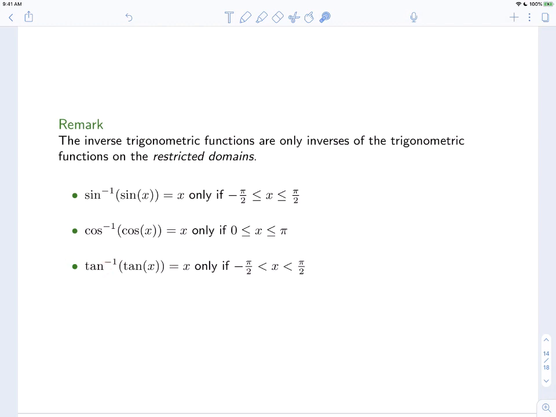And inverse tangent of tangent of x is equal to x only if x is strictly between minus pi over 2 and positive pi over 2. If x is outside of this range, then you need to find the x which is coterminal that is inside of this range in order to use these cancellation laws. Because again, the inverse trigonometric functions are inverses, but only on restricted domains.